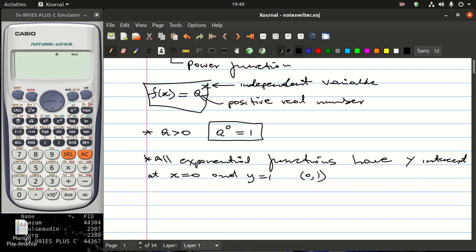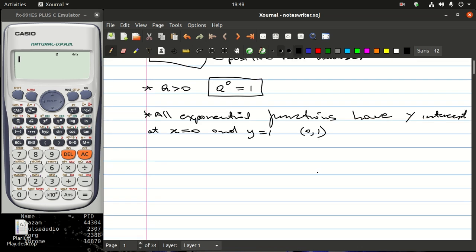Now, can we analyze different cases here and see what the shape is? Because for all the functions we've studied so far, I want you to understand the shape, the domain, the range, and I want you to tell me if this function is an even or an odd function.